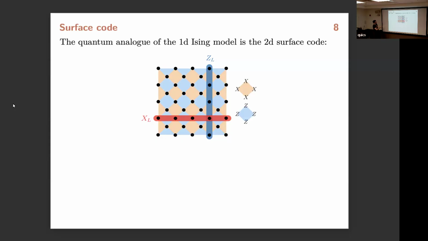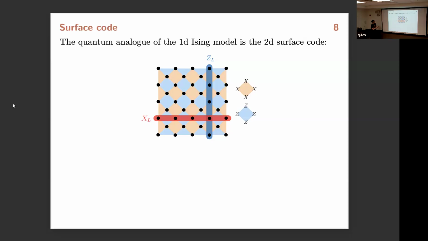I have qubits living on every vertex, and for any orange region, including boundary triangles, I'll have a parity check, which is the product of X on the corners of that domain. And everywhere where I have blue, I have products of Z's on the boundary of that domain.